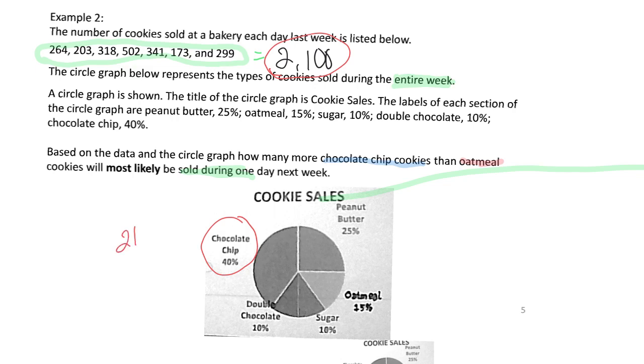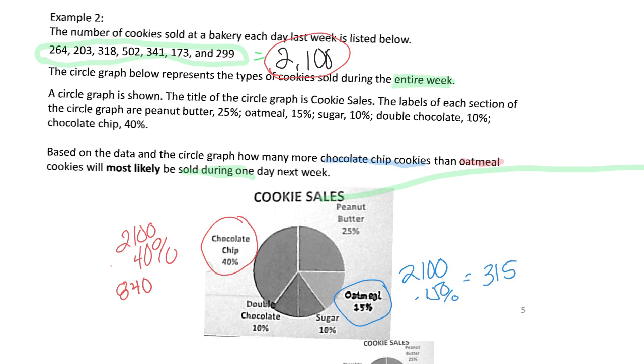So I'm going to do 2,100 times 40%. And when I do that, I get 840. And then when I come down here and do oatmeal, I'm going to do 2,100 times 15%. And I'm going to get 315.